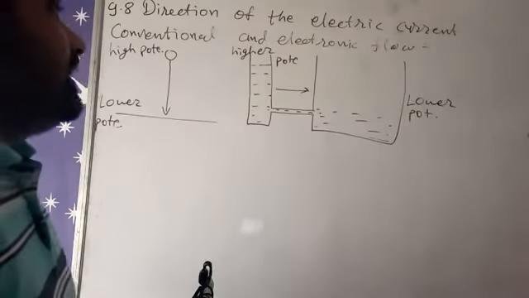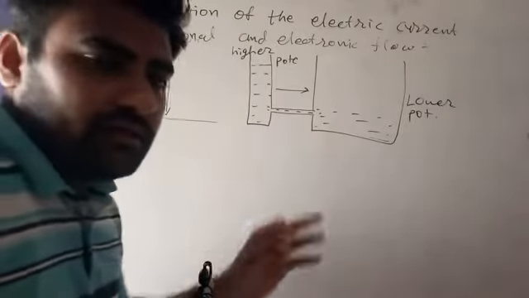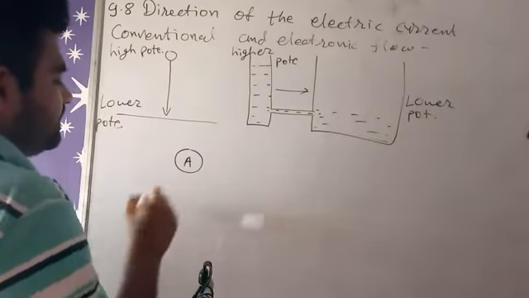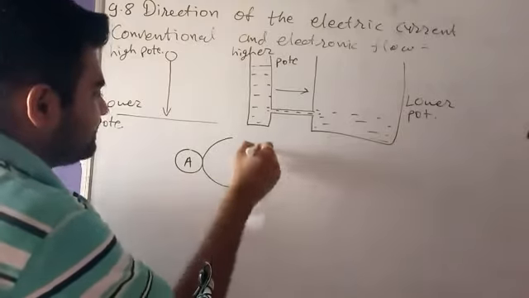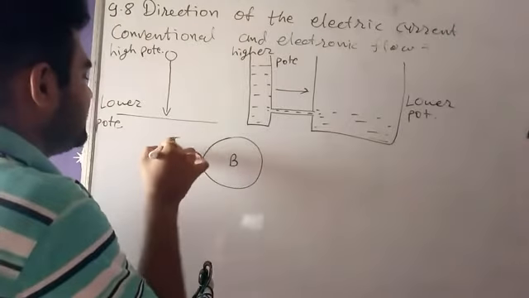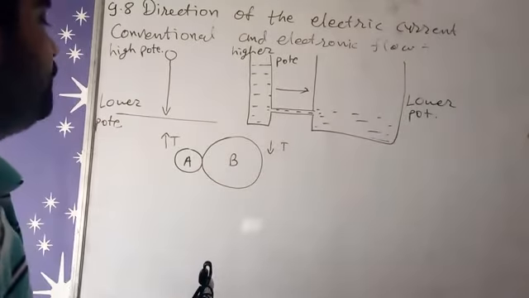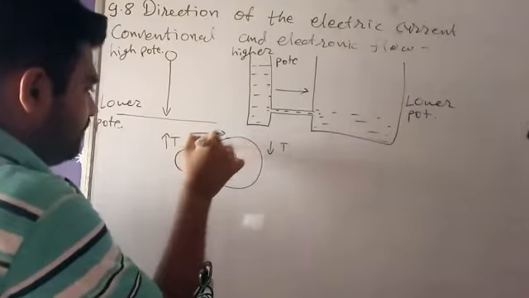Now see, for example, we take one more example of temperature. Here I have one sphere which we can call capital A, and the second sphere is capital B. This is at higher temperature and this is at lower temperature, right? So always heat is also transferred from higher to lower.